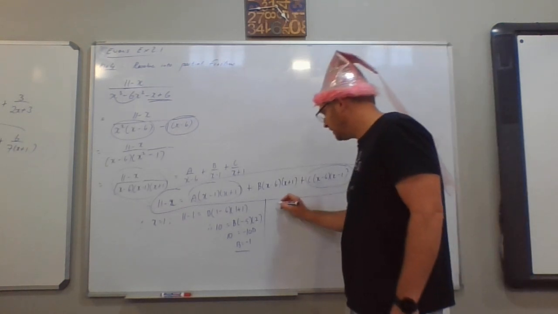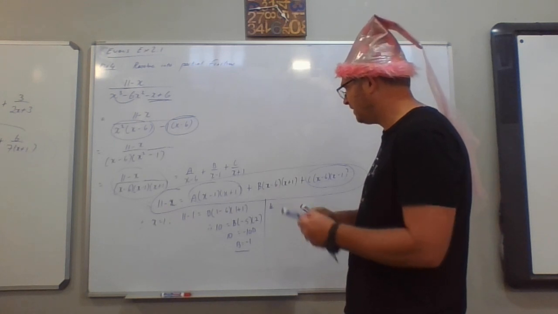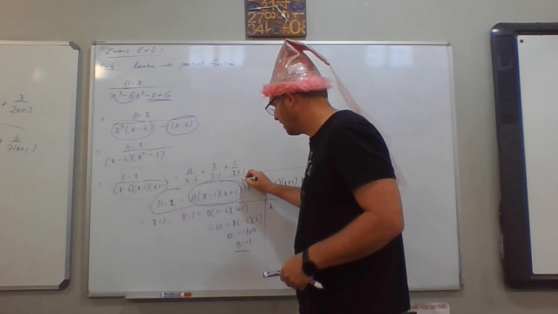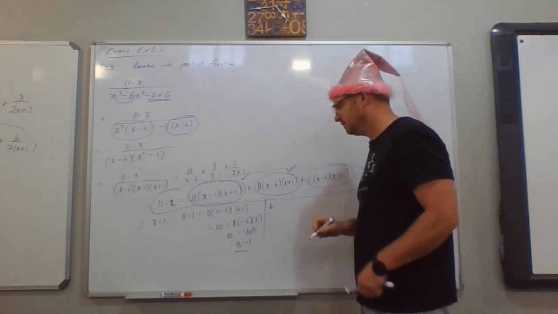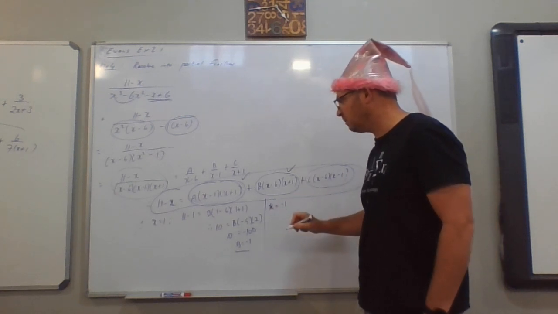Right. The next one, what substitution could work? Well, if I let x be equal to negative 1, then that'll disappear, and that'll disappear. So my next appropriate substitution would be let x be equal to negative 1.